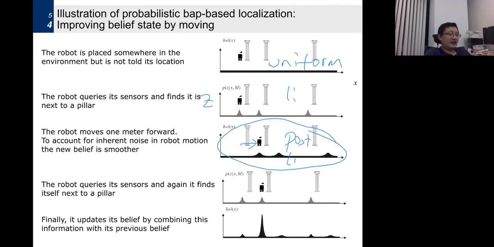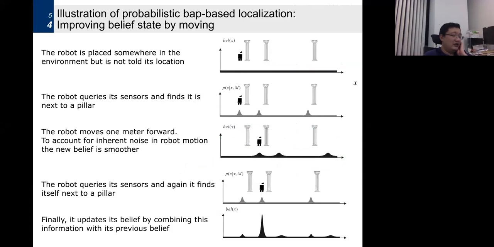Also, it serves as a prior for the next cycle, right? And then you have, again, a likelihood. Multiply the prior with the likelihood, you get a posterior, also known as a belief, right? So this is very simple.